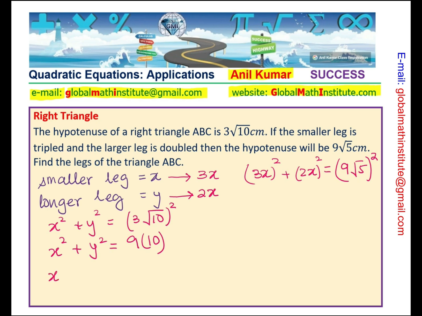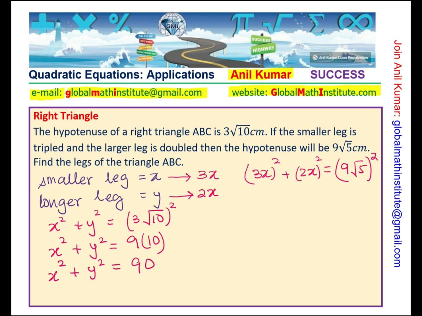Or we can say x square plus y square equals 90. And from here, we can write y square as 90 minus x square.